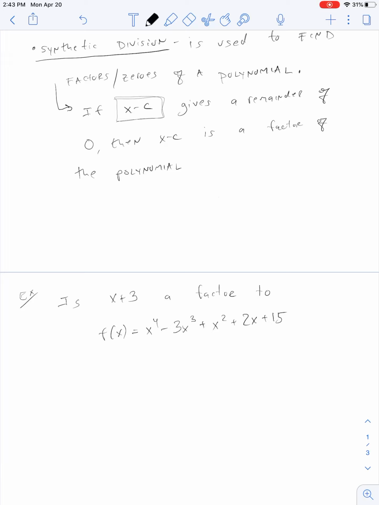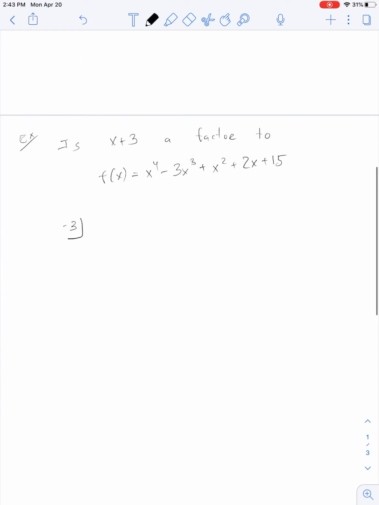So what we can do, keeping in mind that it says x minus c, and right now we have an x plus 3, so we have to take a look at the opposite of that. All right, so the opposite of a plus 3 is a minus 3. We're going to put that right here.